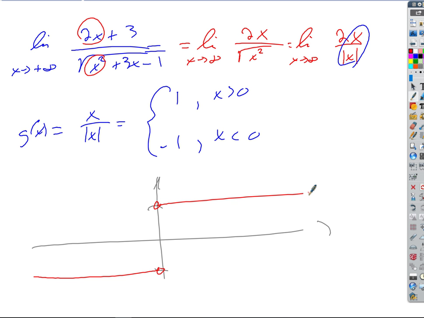So the limit as x goes to positive infinity would be 2. Without even thinking about what that graph looks like, you could just evaluate this using your sign conventions too, couldn't you? You'd know that x over the absolute value of x, those have the same strength, so they go to 1, but if I play the sign game, I'm going to get positive over positive times 2 is positive 2. Does that make sense? Okay.